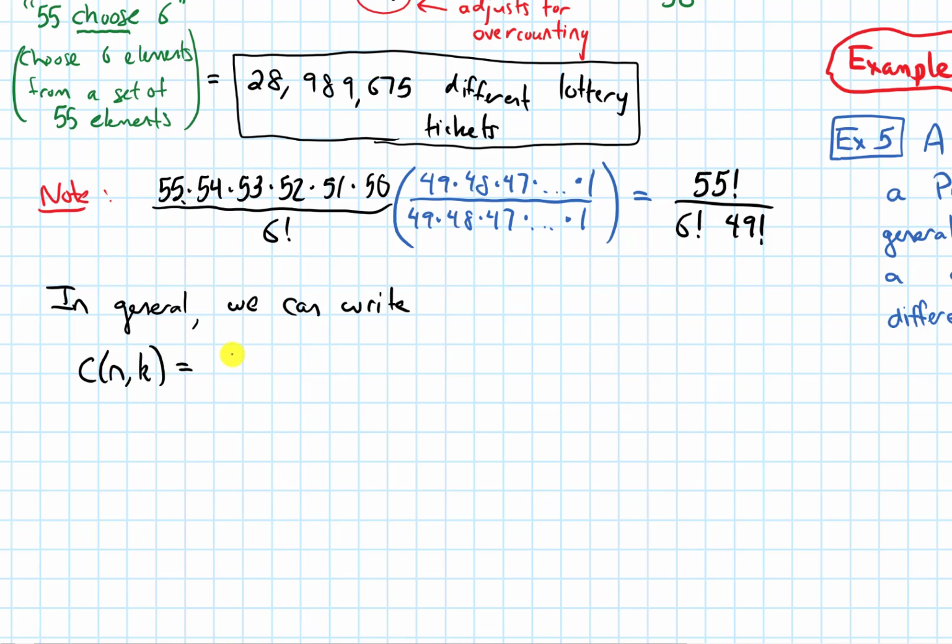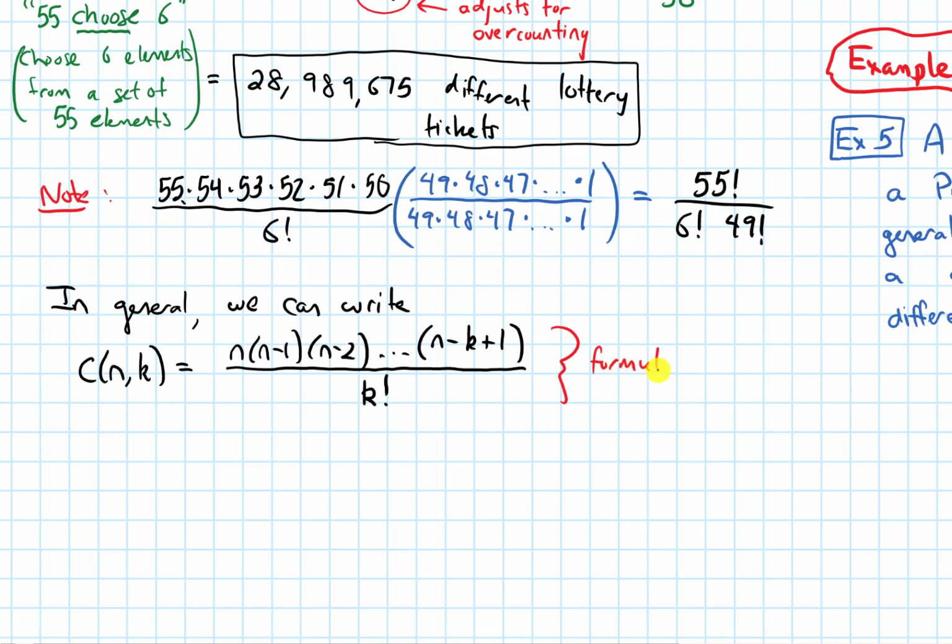Our formula initially was n times n minus 1 times n minus 2, until n minus k plus 1. And then we divide by k factorial to adjust for overcounting in combinations. That's the number of ways to permute those k objects that are selected. I'm going to call this formula 1.